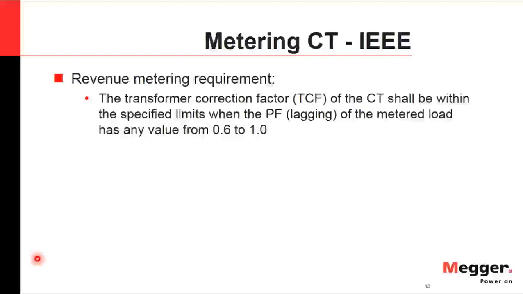It is interesting to understand this 0.6 and 1.0 because nowadays, with the latest technology that we have on relay and protection, our power factor is mainly unity. And we need to remember that in the system, we don't have only digital technology, we also have electromechanical relays, and that's the reason why we go into this value between 0.6 and 1.0.